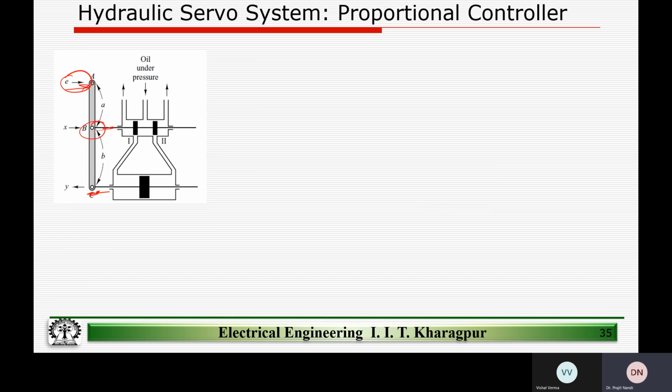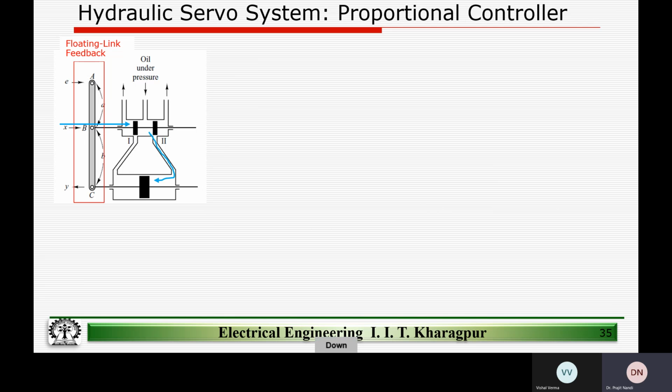It ensures that this point moves in the opposite direction to the movement caused by the signal E. So this floating link works as the feedback.